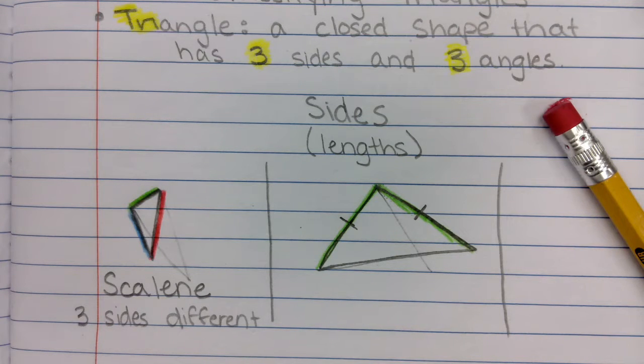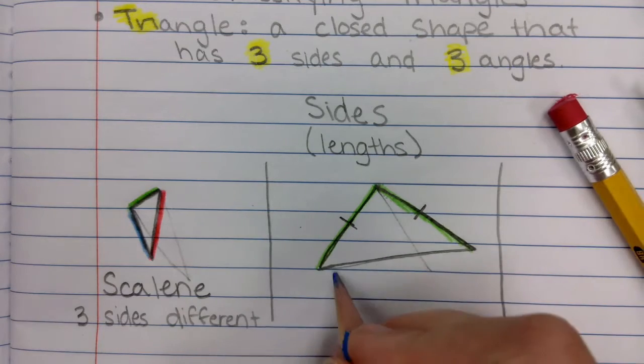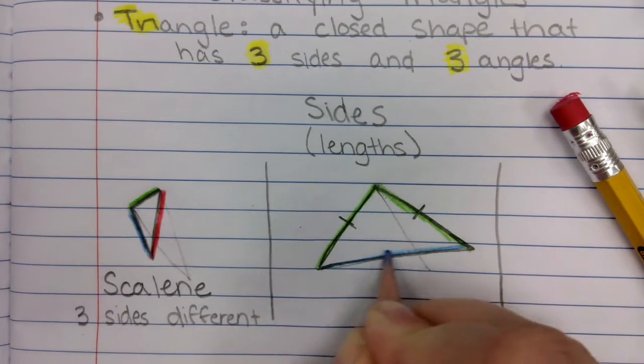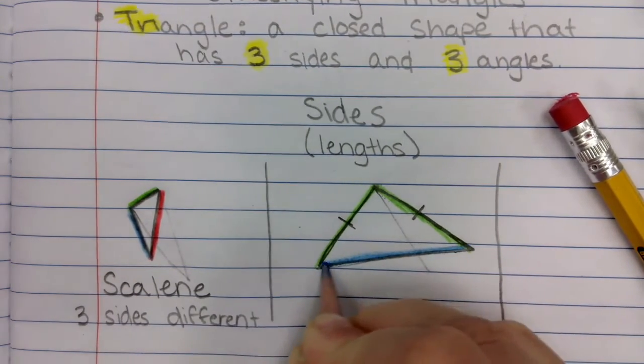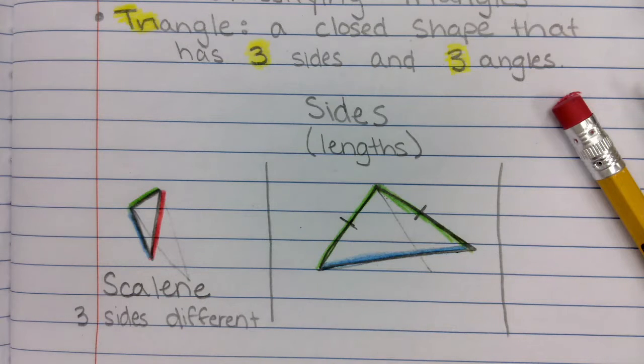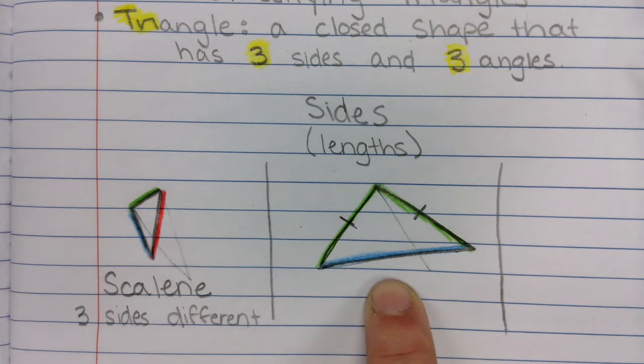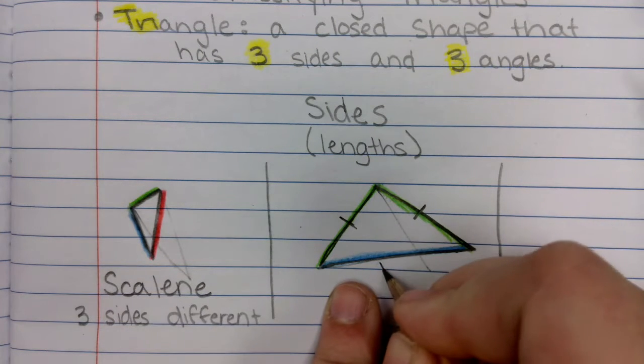Okay, and then we have this one extra side here. I'm just going to color that blue. That's the side that's different. Okay, the side that's different, we're going to call that the base. Even if it's not on the bottom, that one side that's different is the base.